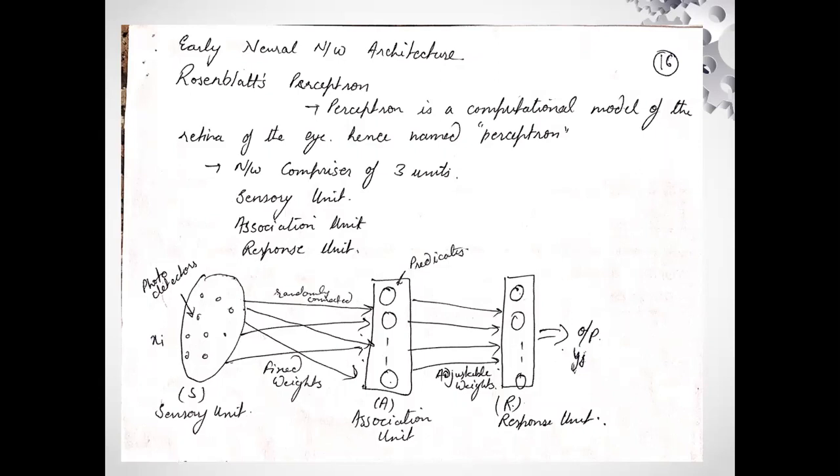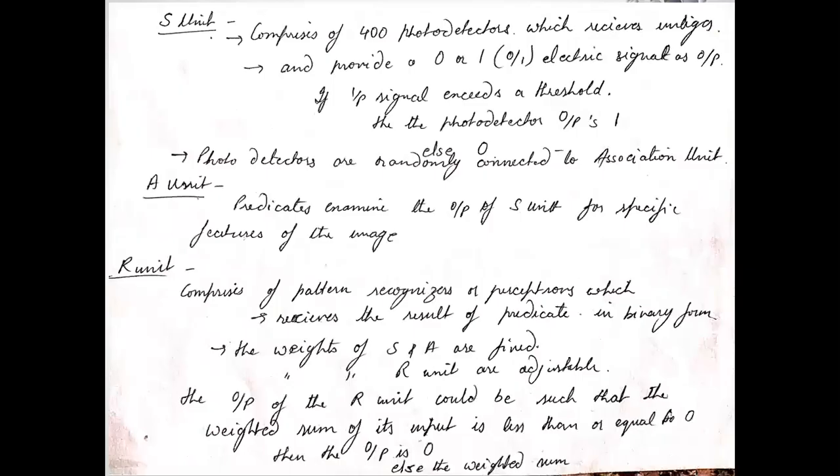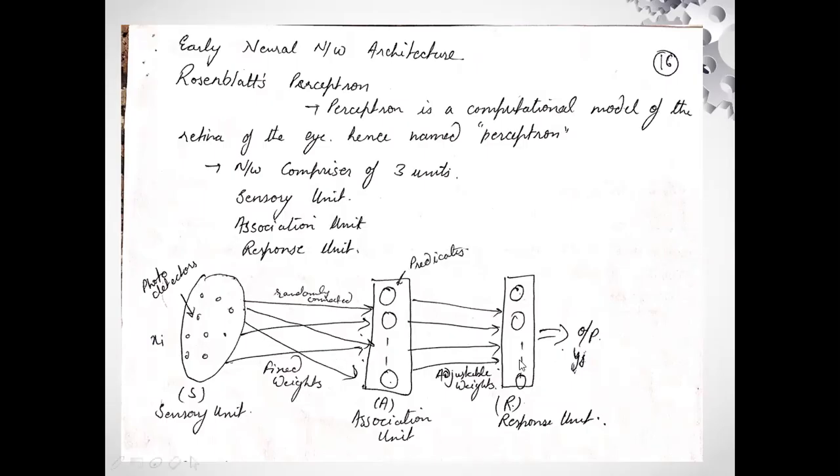Now, when we talk about the association unit and the response unit, these two units are also connected with the help of weights, but the only difference is that these weights are adjustable weights. They are not fixed. Now, this S unit is defined with the help of photodetectors.